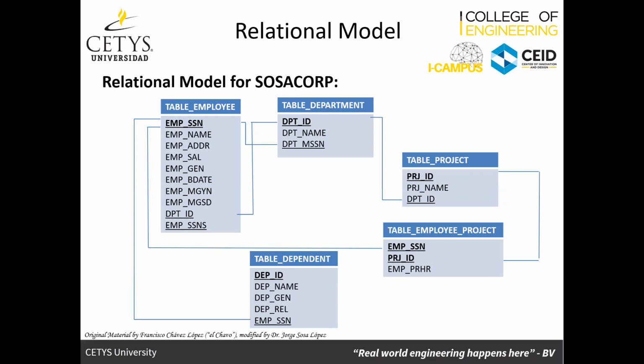Right now, going back to the next comment, to this new table, I've only added a new attribute that's employee project hours. But for this new table, I could add other attributes that might be of interest.